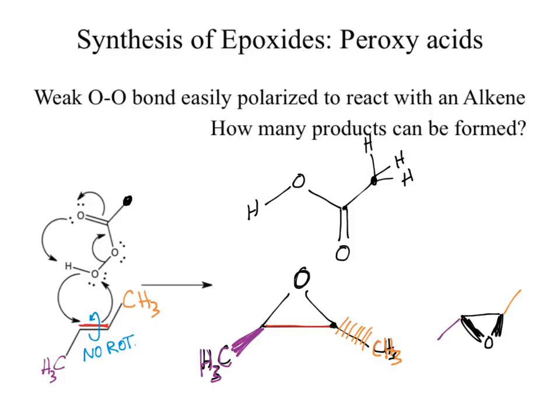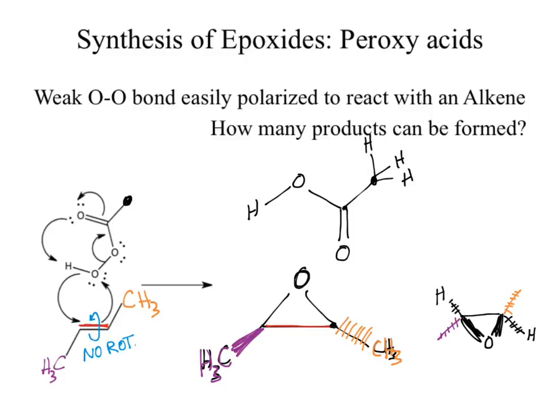Everything else is not in the plane of the paper, so technically everything needs to be wedged and dashed. Okay, so even with our purple and our orange, we would also have to specify those as being aimed away. Just to make it more confusing, we would also have our hydrogens also being aimed away.